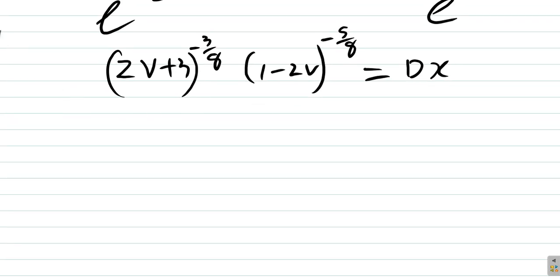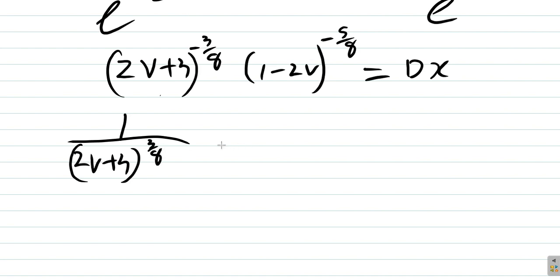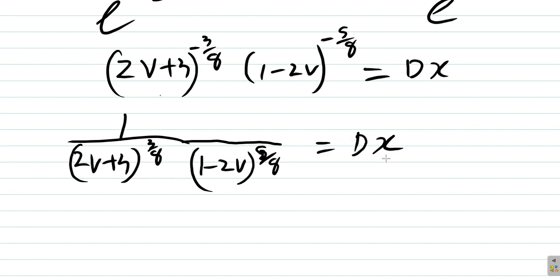Now, how can we fix this up even further? Let's see. This is 1 over (2v + 3) to the 3/8 times (1 - 2v) to the 5/8. Laws of indices: when you have a number raised to a negative power, it's the same as 1 over the number raised to the same power, but now positive. Equal dx.